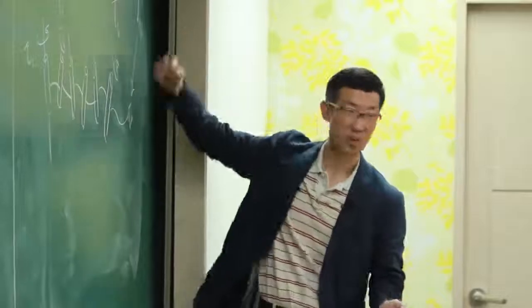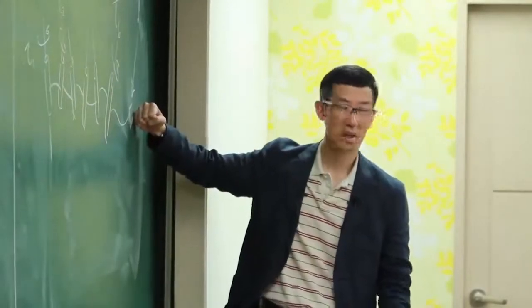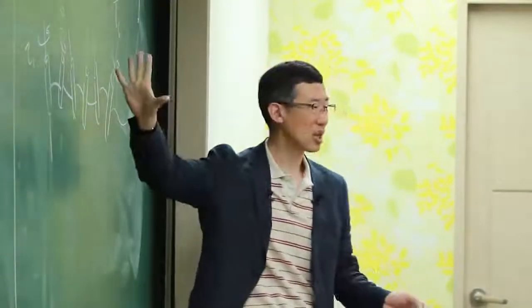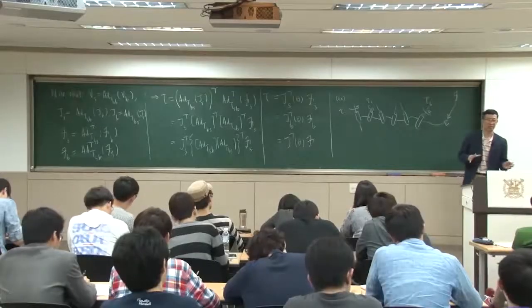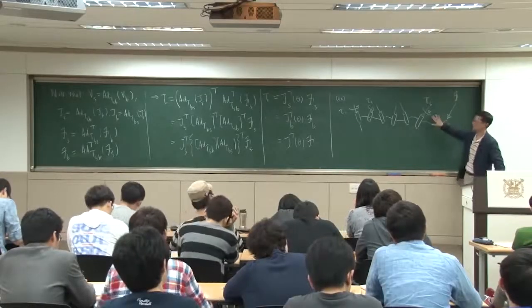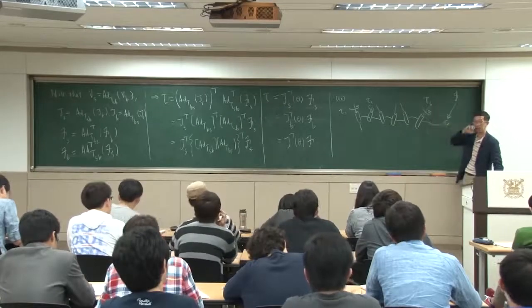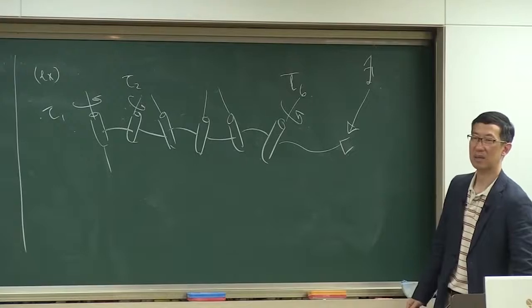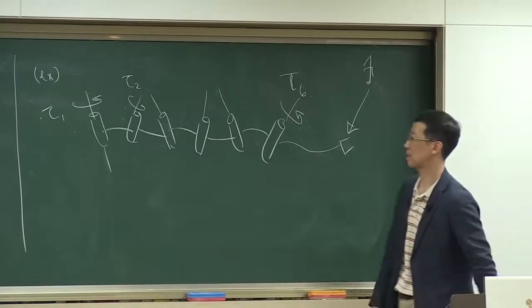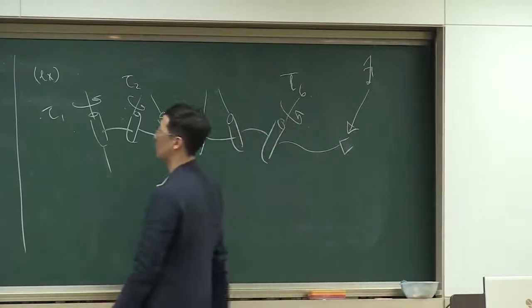So I'm applying this force at the tip. I want the robot to be stationary, in static equilibrium. What should my input torques be? And you say, aha, well, that's easy. I just solved this.